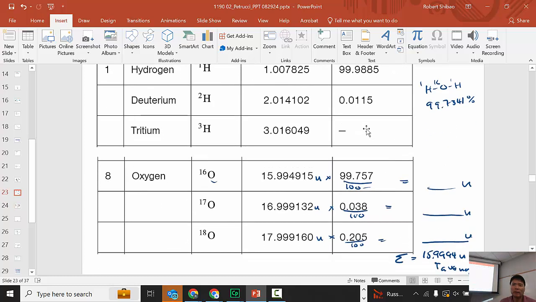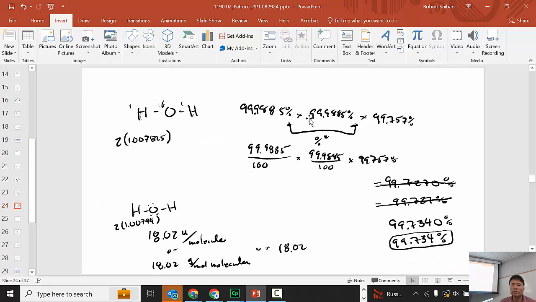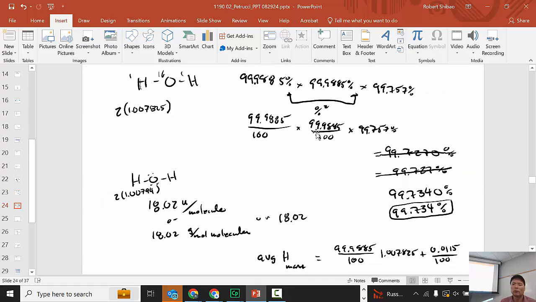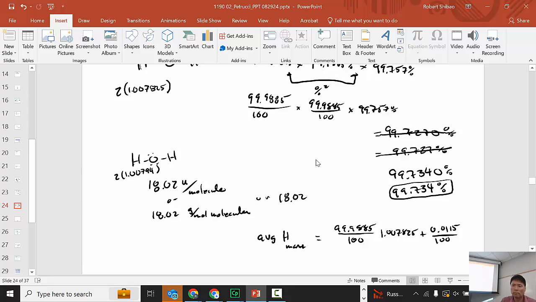And the one is going to be 2.014102. Times 2.014102. Okay, and this gives us our 1.00794.